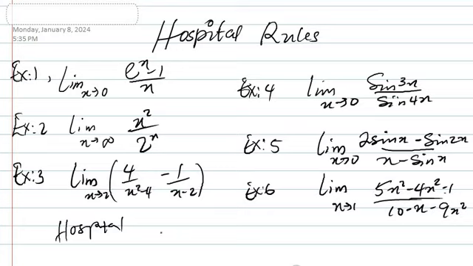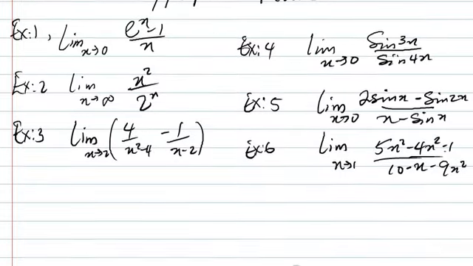You can apply it 2 times, 3 times until you find a way to evaluate the given limit. If the answer is not found after one time, you can apply again. So we are going to put the formula and then start solving the given problem.